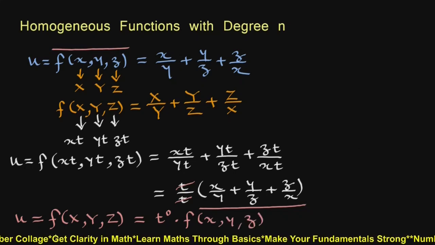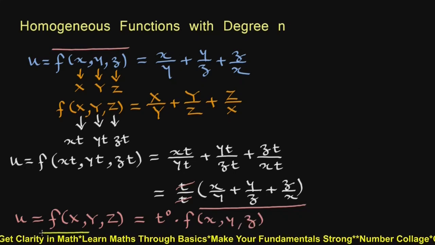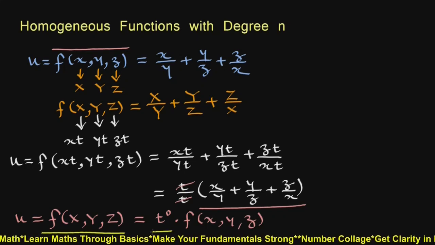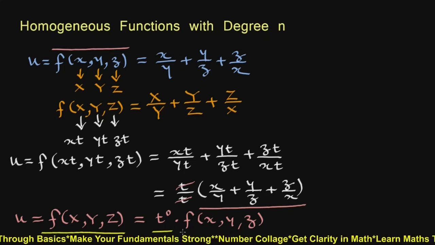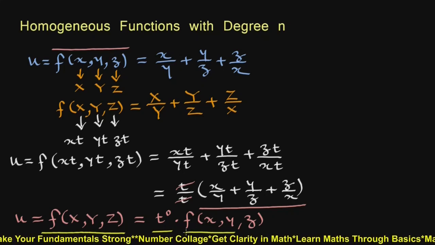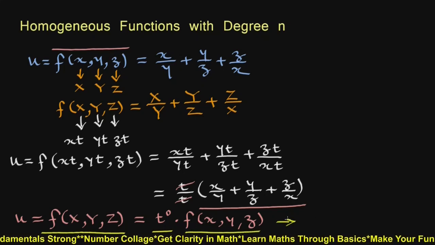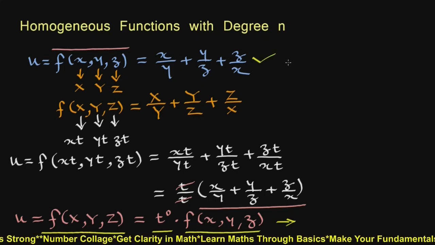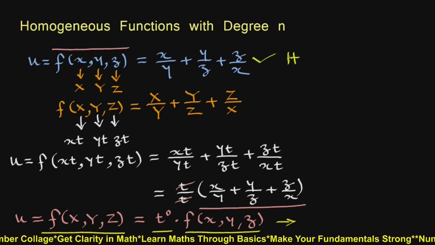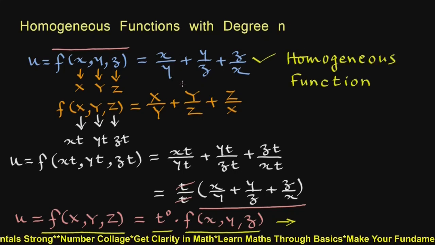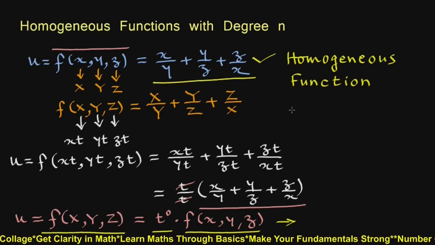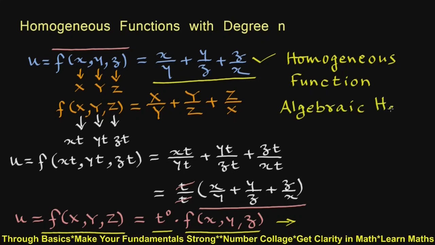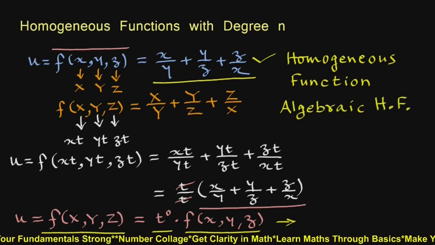So when we could write f of capital X, Y, Z equals some power of t, in this case 0, times f of small x, y, z, then such a function is known as a homogeneous function. And this being in terms of only x, y, z, it is also known as an algebraic homogeneous function.